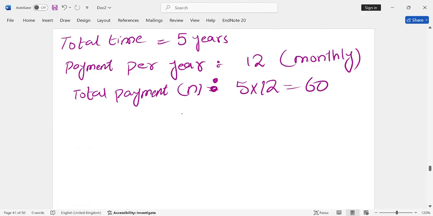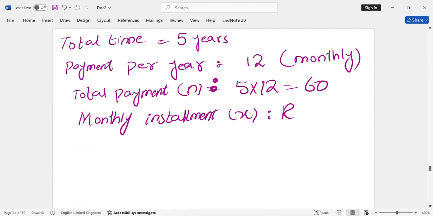Okay, so the monthly installment, that is x, is R2300.98.